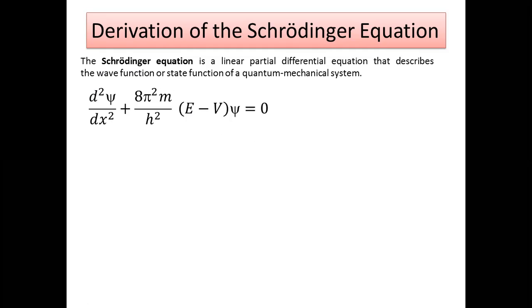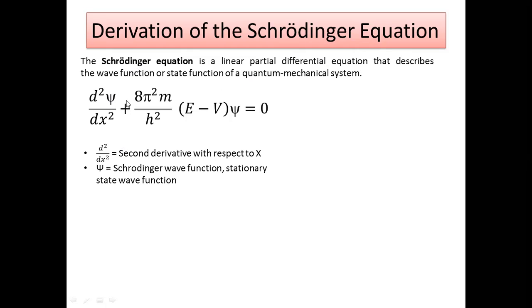So what are the different parameters over here? This is called the second derivative with respect to x. x is the position of the electron. So d square over dx square is the second derivative, and this is one form of the partial differential, and that's why this equation is called the partial differential equation.